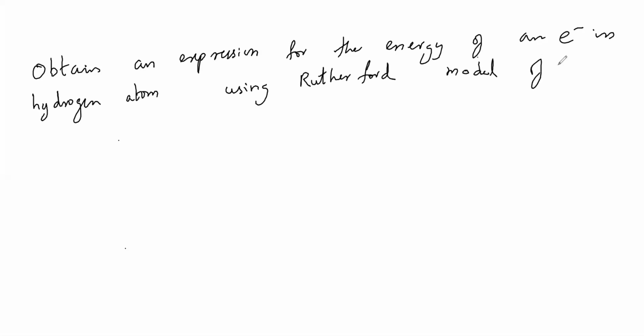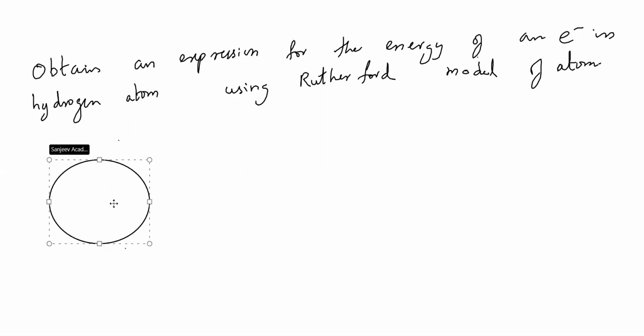Whenever you get an atom question, the first thing is you draw the atom. So draw one atom and keep. This black thing is our nucleus. Correct. So nucleus charge. Now I'll just draw the radius and everything.